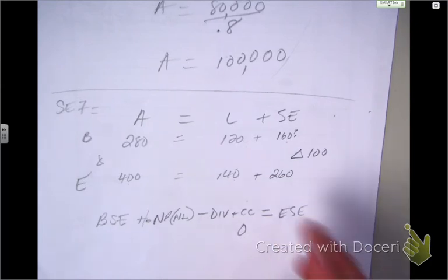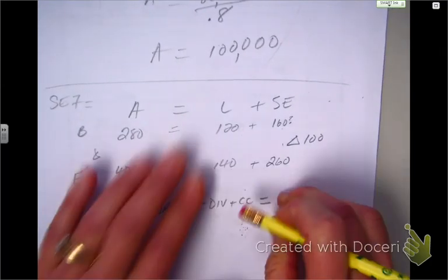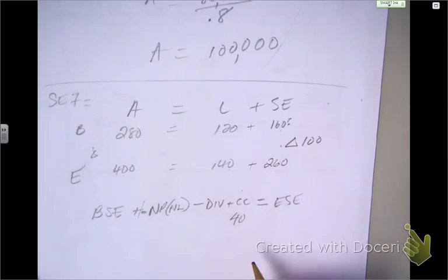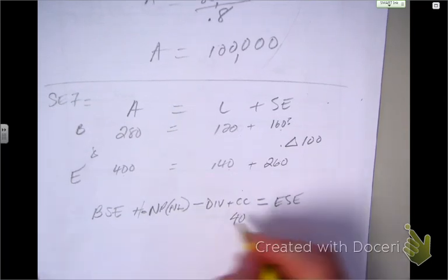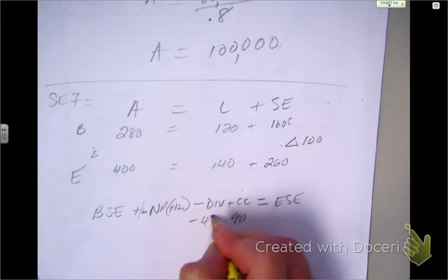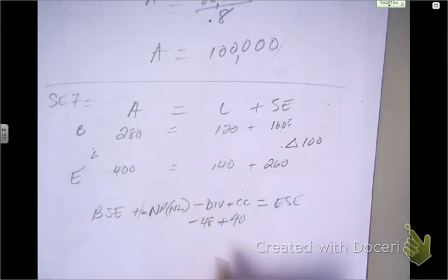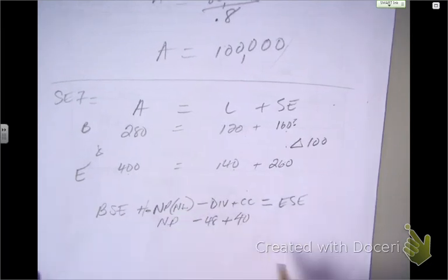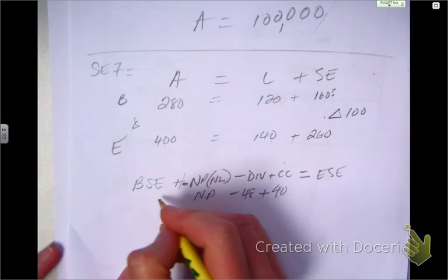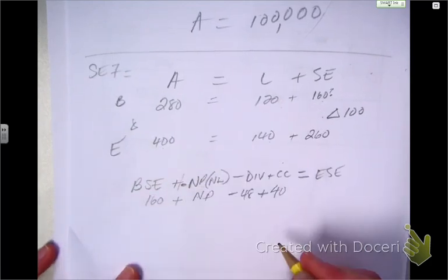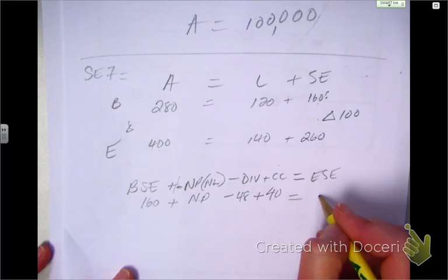Sorry, they said $40,000. Erase that. $40,000 change in contributed capital. They said dividends of $48,000. We're solving for the net profit, and do we know the beginning stockholders' equity? 160. Okay. And we have the ending? 260, right?